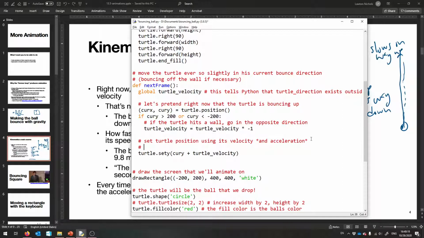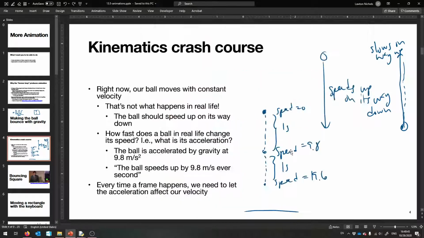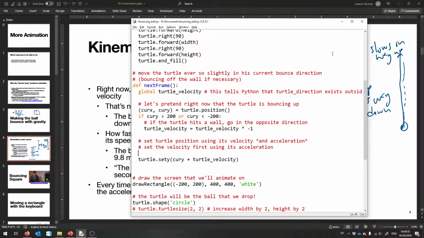Okay, so that means the velocity changes. Oops, sorry, set the velocity first to be affected by its acceleration. All right, so the velocity is about to change. Up here, it was 0, but then it starts moving a bit faster and faster. Now it's 9.8, things like that. So each frame, we want it to move by its acceleration.